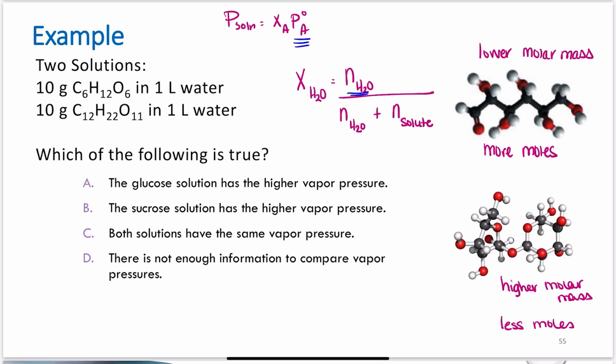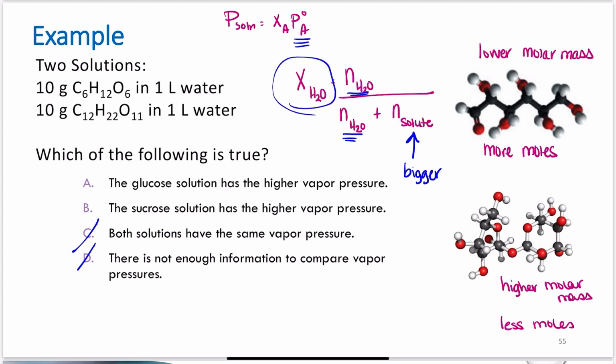I want to know which one's going to have a higher vapor pressure. They're not going to be the same. I know they are not the same, and I do believe there's enough information. Which one's going to be higher? Well, this is constant, so what's going to change this? Number of moles. Number of moles of C6H12O6 or C12H22O11. If this number is bigger, what does that do to this?